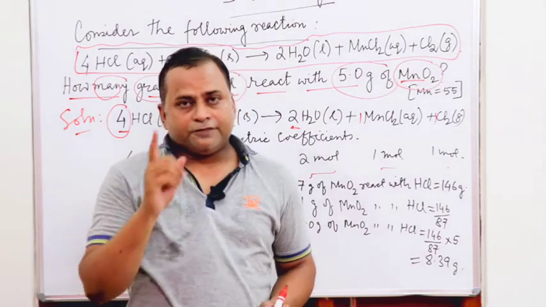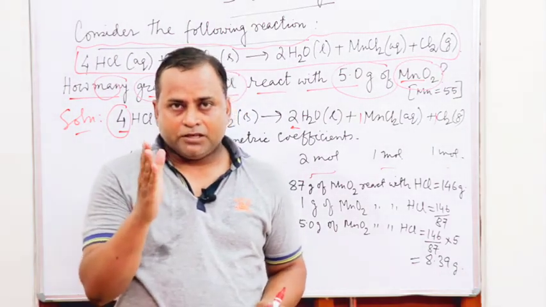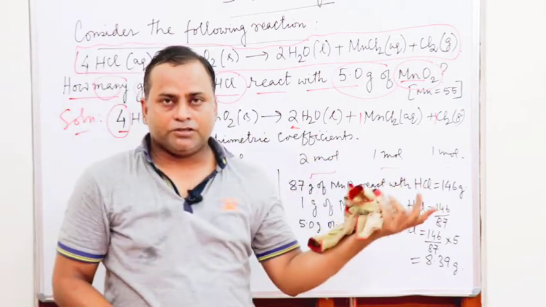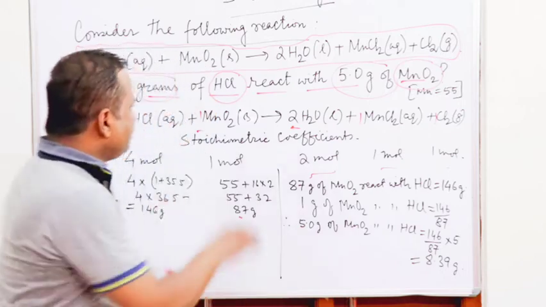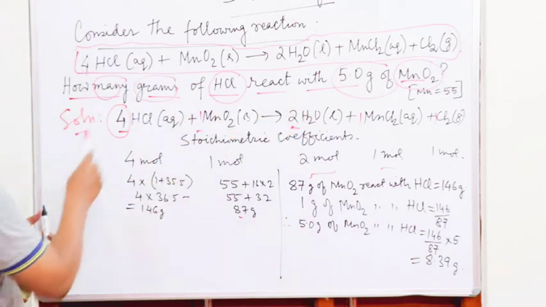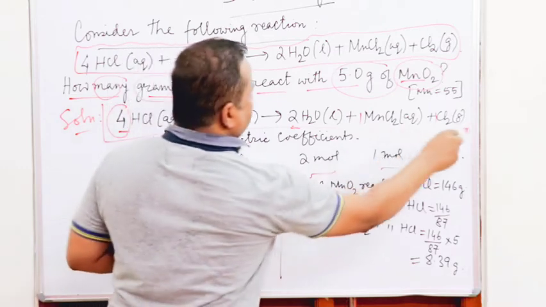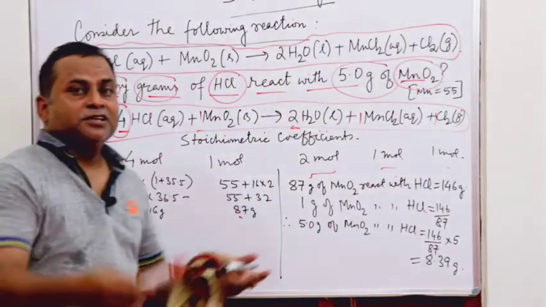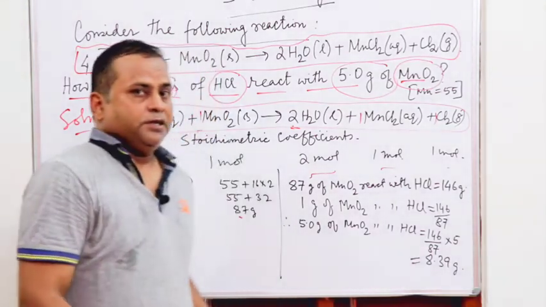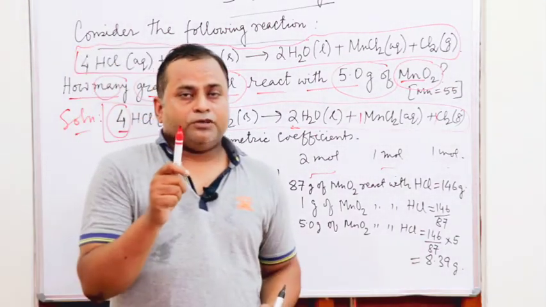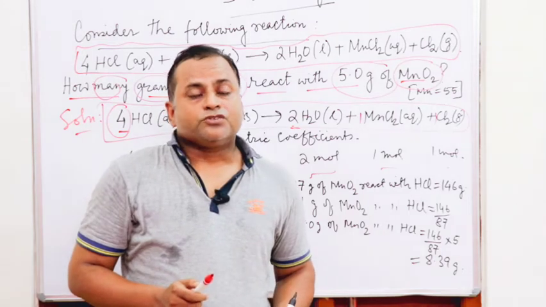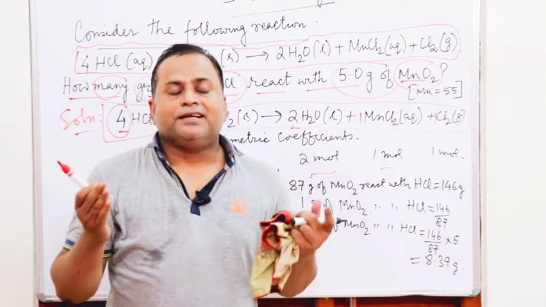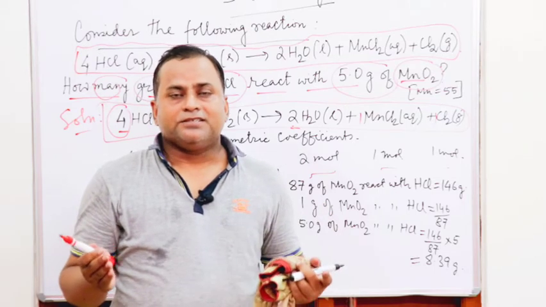Again I'll repeat, first of all write the balanced chemical equation. Here the question itself gives the balanced chemical equation, so you can skip it. Now from this balanced chemical equation, we have to find out the quantitative relation, that is the stoichiometric relationship. Now here also you have to keep in mind one term which is known as stoichiometric coefficients. Stoichiometric coefficients are the numbers that appear in front of the reactants and the products.